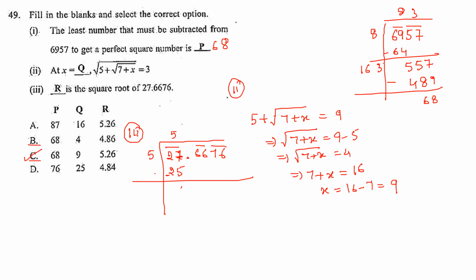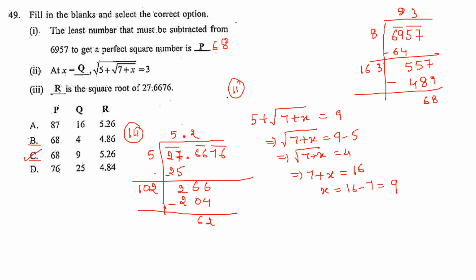And if you subtract here, you will get 2, and here it will be 10. Now, before bringing the next pair, you have to put the decimal point over here. Then you can bring down 66. And now next you have to use here 2. So 102 times 2 will give you 204. And if you further subtract it, it will give you 62.